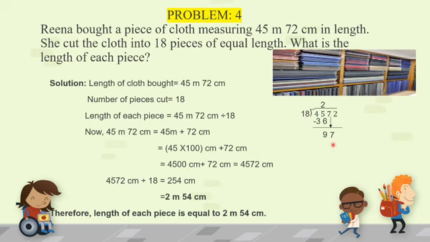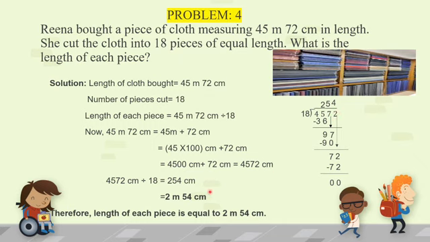Since 97 doesn't come but the smaller number 90 comes, 18 fives are 90. Then we subtract: 97 minus 90 is 7. Again this 2 will be brought down. Now comes 72. How many times is 18 equal to 72? 18 fours are 72. So this division is done.